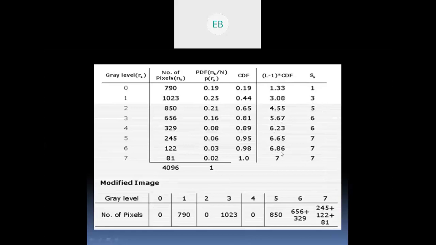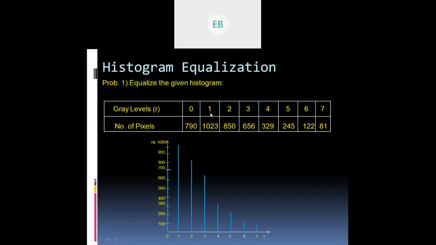Same thing, 3.0 we consider as 3. 4.5, so we consider this as 5. 5.6 is greater than 0.5, so this is 6. 6.23 is less than 0.5, so 6. 6.6 is rounded off to 7. 6.86 is rounded off to 7, and 7 remains 7. So this is the overall intensity level of the output image.